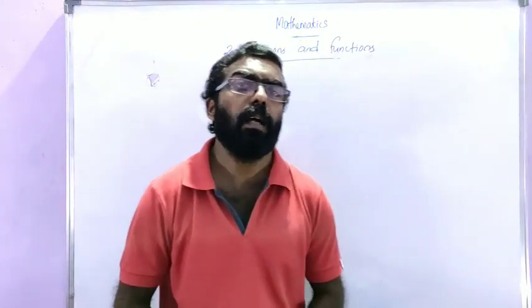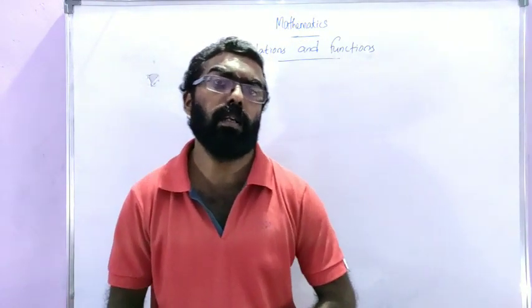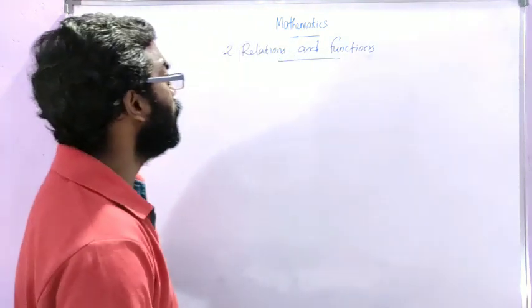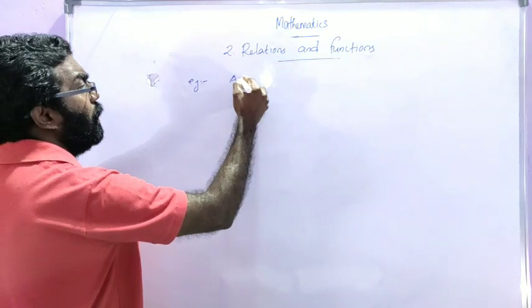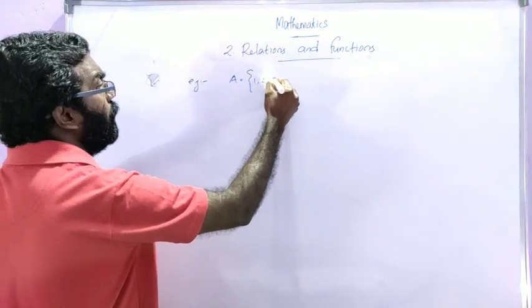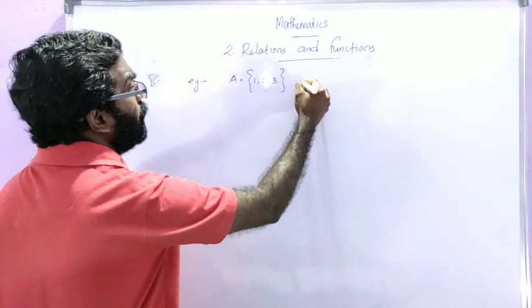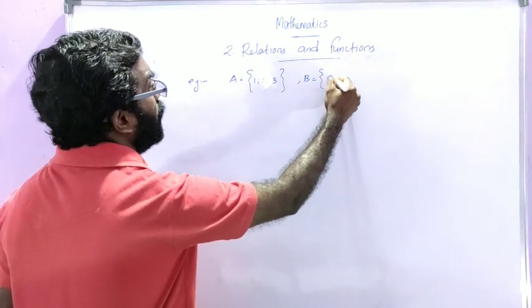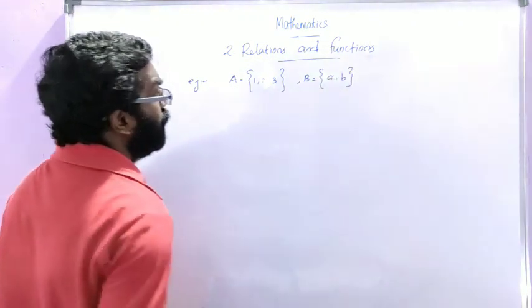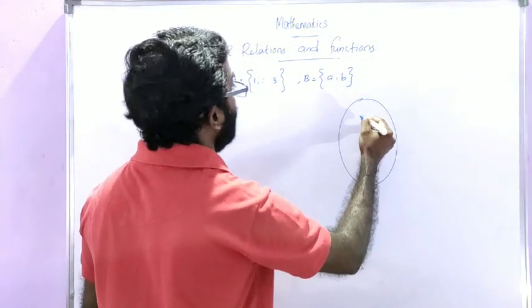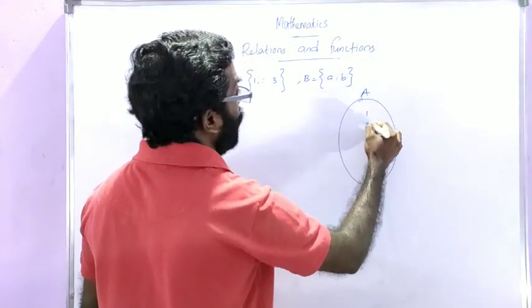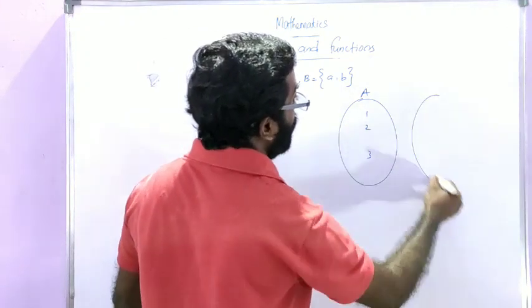Now we shall discuss how to write the Cartesian product A cross B. Consider an example. Let A be the set 1, 2, 3 and B be the set a comma b. We can represent this using a diagram. A is 1, 2, 3.